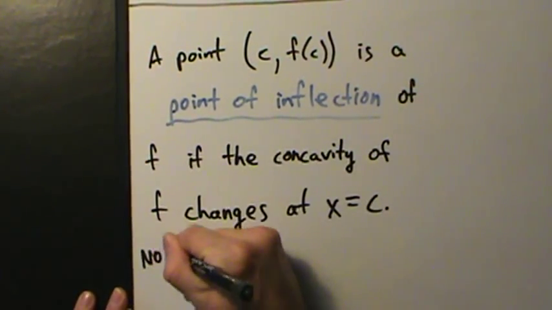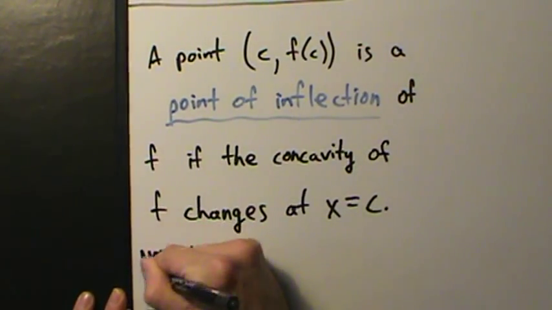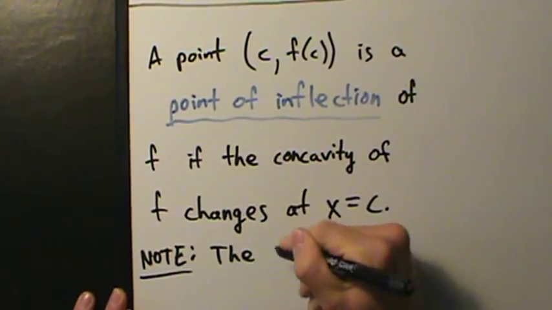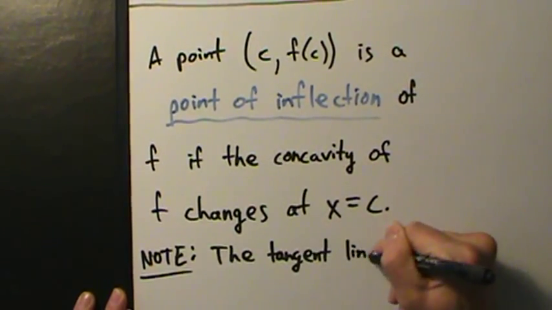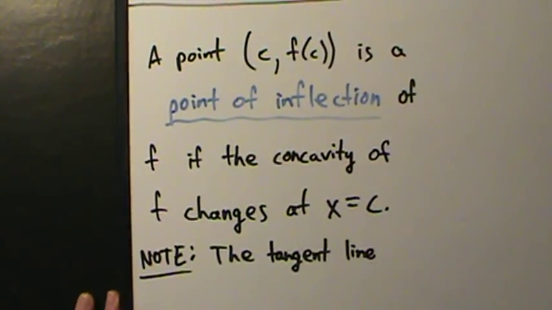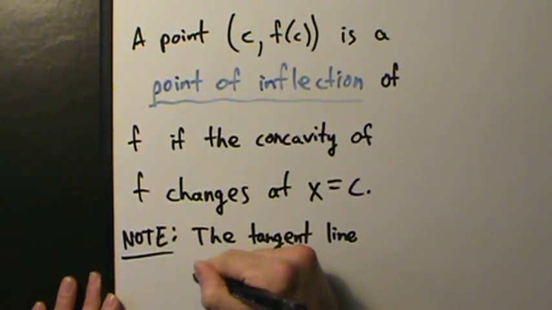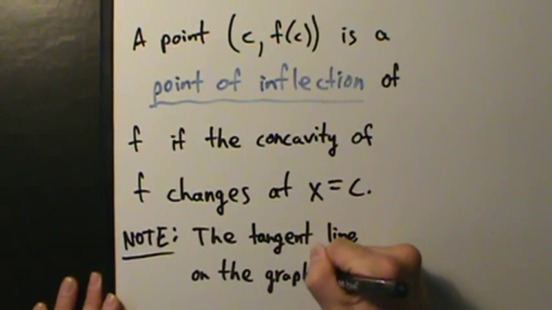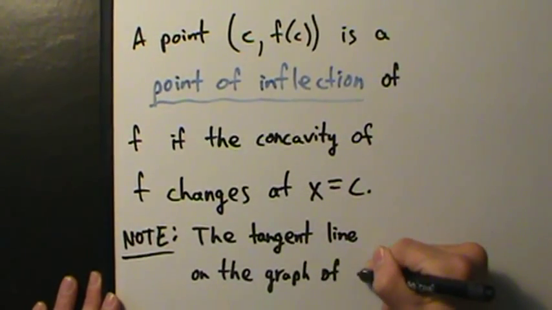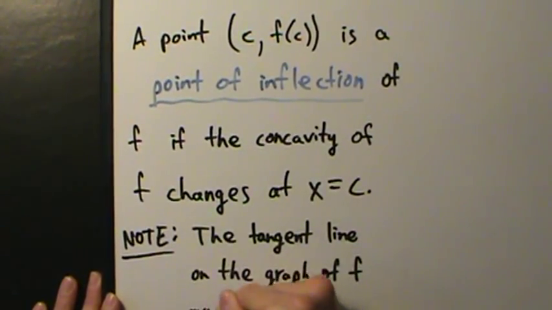So let's say note: the tangent line on the graph of f, by the way, the tangent line on the graph of f must exist at x equals c.